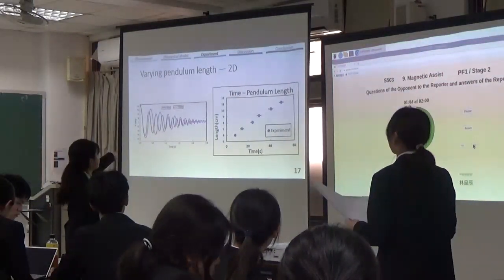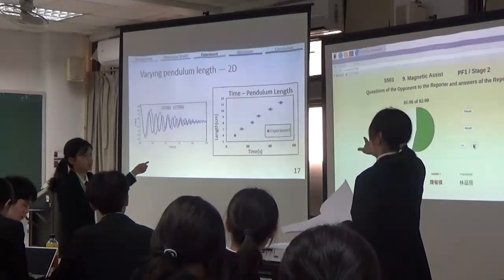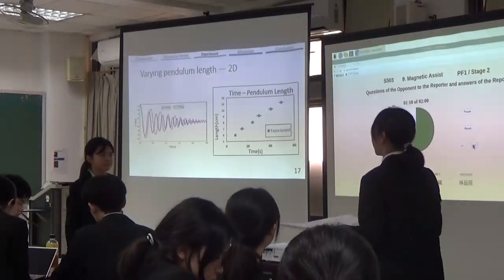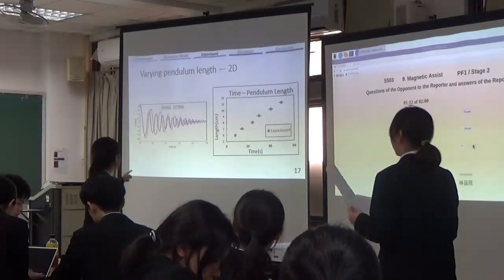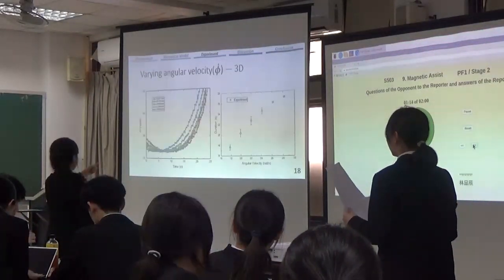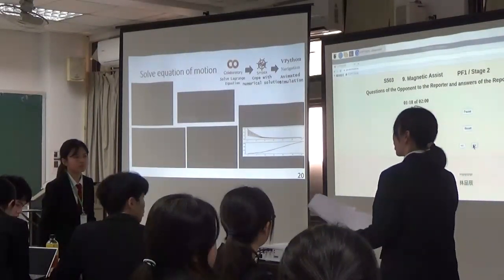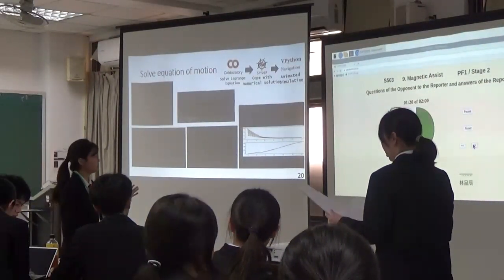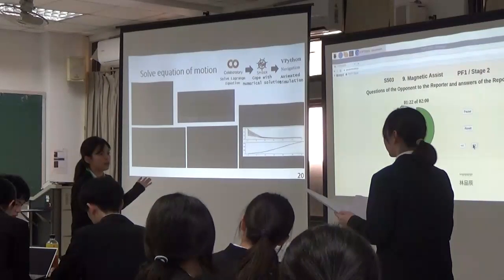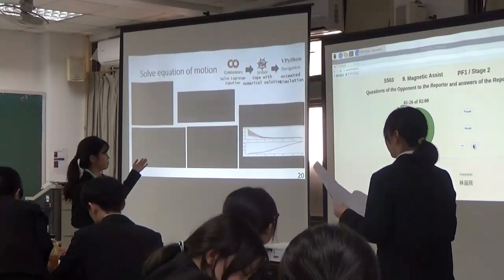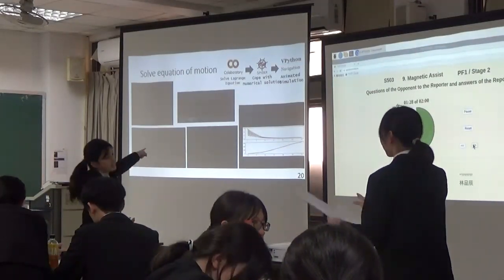Is this chart your data? Yes, this is our data. And do you have a simulation model? Yes, which is the Python. We use the Lagrange equation of motion and write it inside the Python.